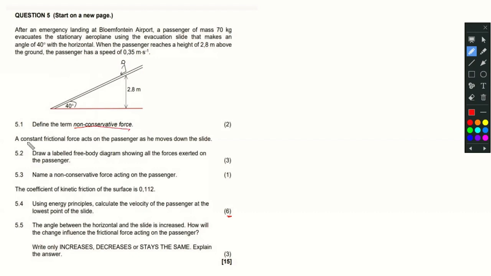Then we are told a constant frictional force. And here they say name a non-conservative force, which is frictional force. So there have been hints thrown by the examiner to say use the work done by non-conservative force. And remember I said that formula works best when there is height.